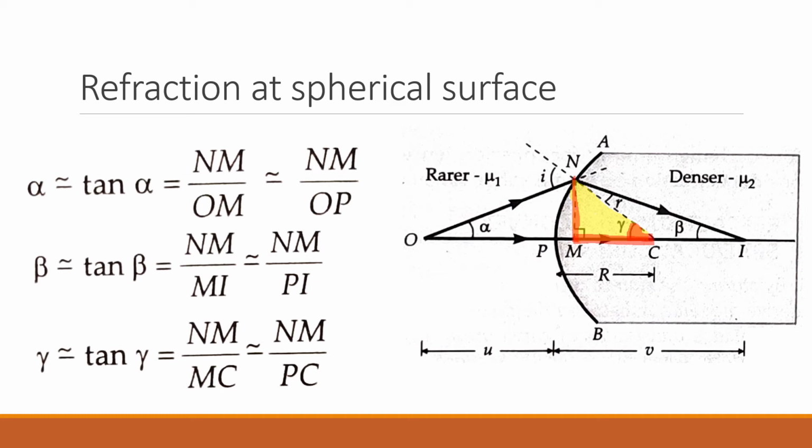Now again your point P lies near M, so instead of MC, I can write this distance as PC. So your gamma equals NM by PC. So these are the three assumptions we have to make. Now, if you have any confusions up till now, you can ask me and I will re-explain it to you again.